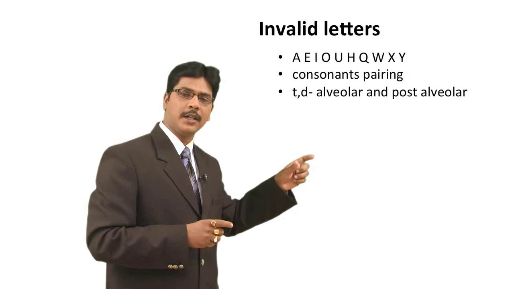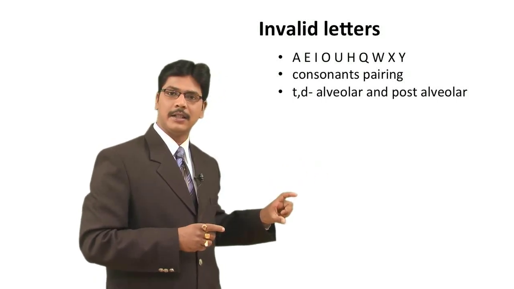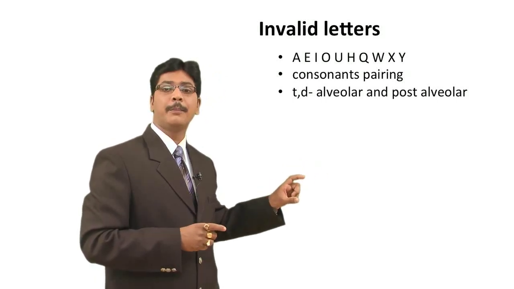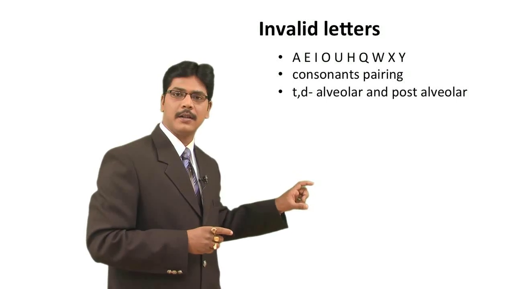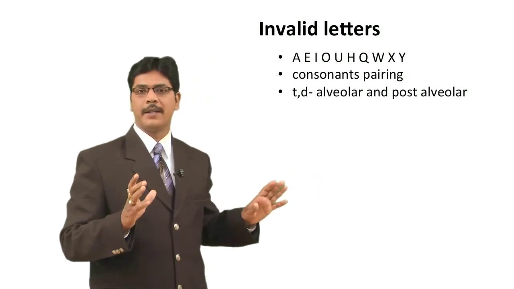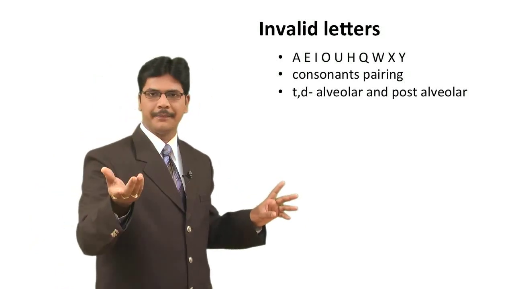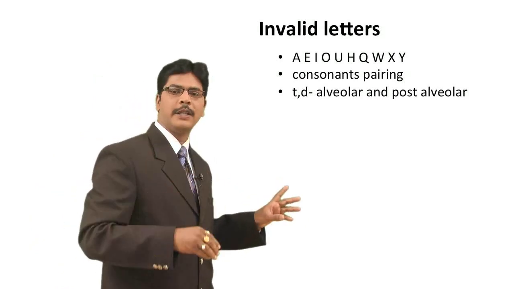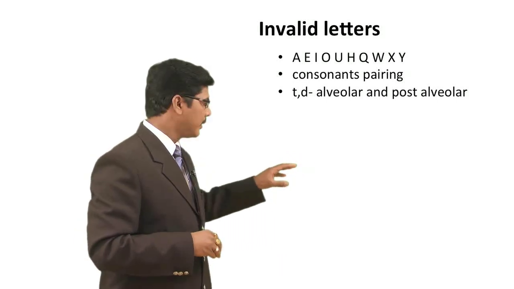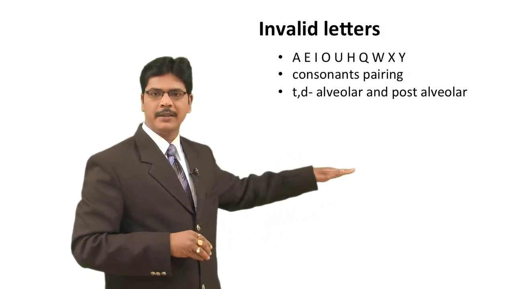They wrote first Ta, Tha, Da, Dha, then Ta, Tha, Da, Dha, which they call post-alveolar. See how meticulously they planned it. In our system we take T and D, and they come from the same line.